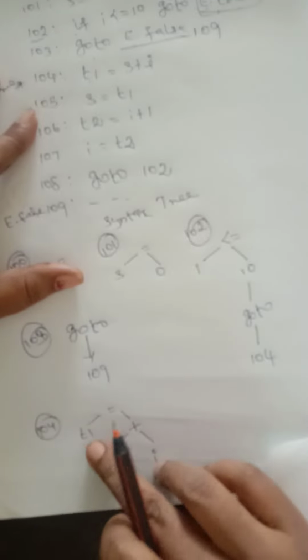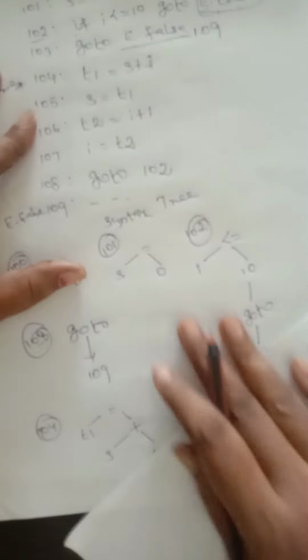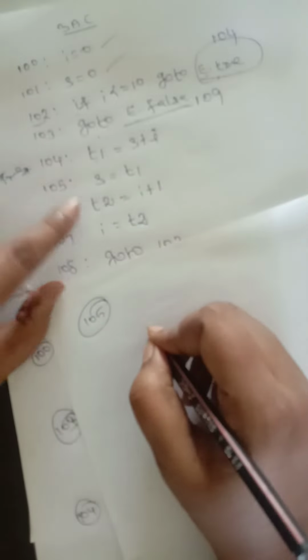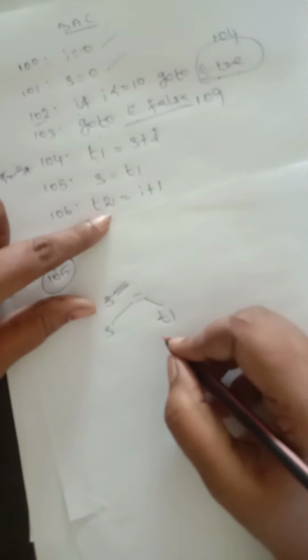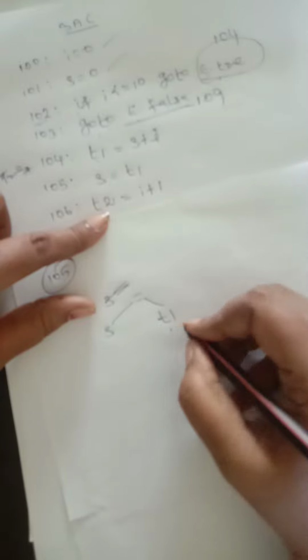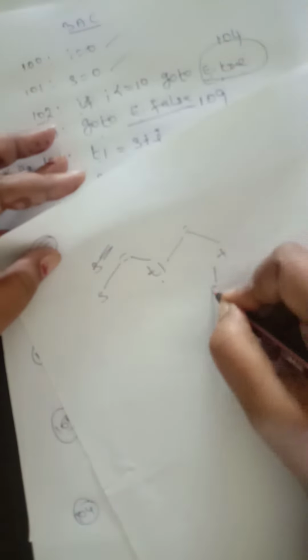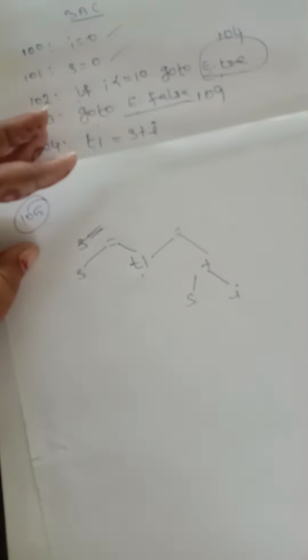T1 equals S plus I. So for line number 105, S equal to T1, where T1 equals S plus I. This is for line number 105.